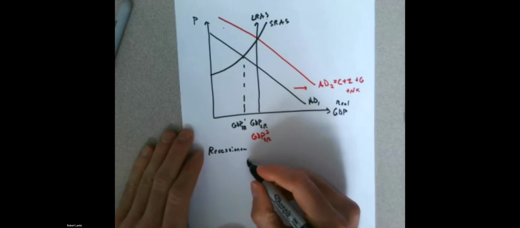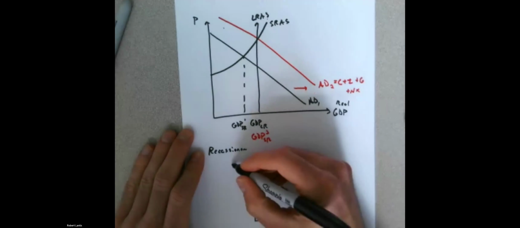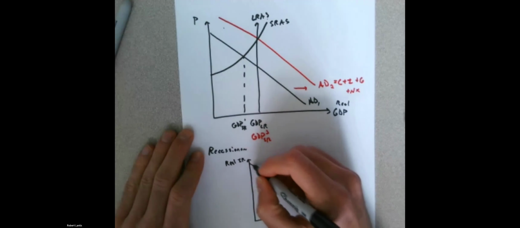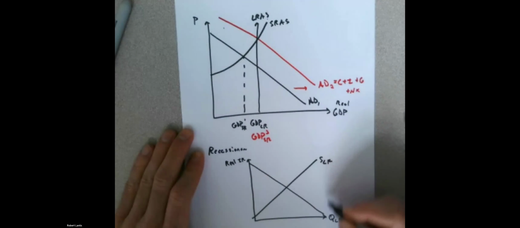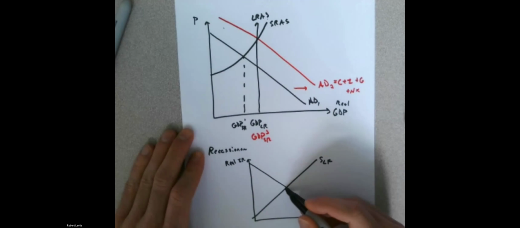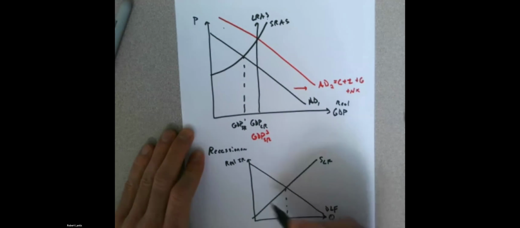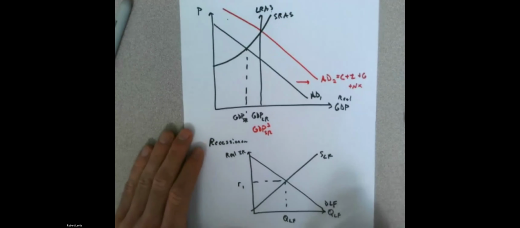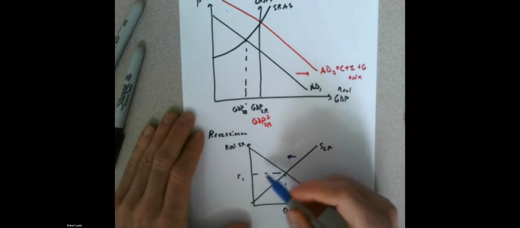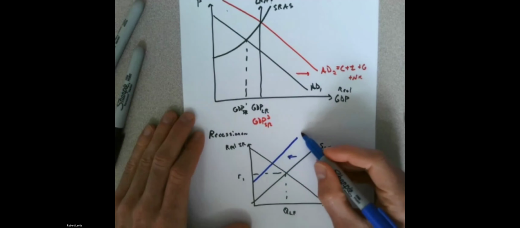However, in response to this, if we think about the loanable funds market, we have our supply of loanable funds, our demand for loanable funds, the initial equilibrium quantity of loanable funds, and the equilibrium interest rate. When we increase government spending, there are fewer available funds out there, so we're going to see a decrease in our supply of loanable funds.